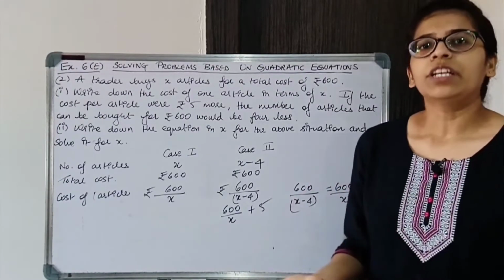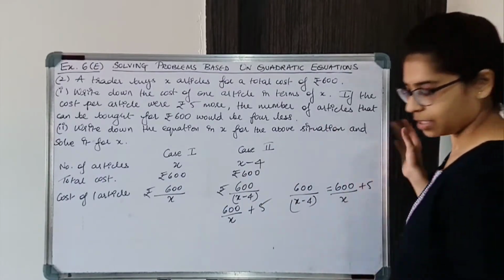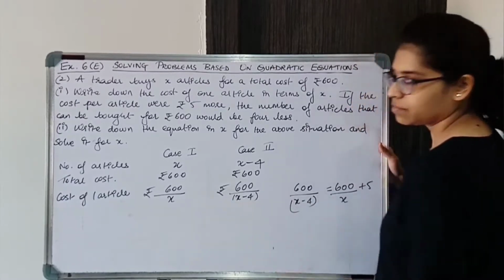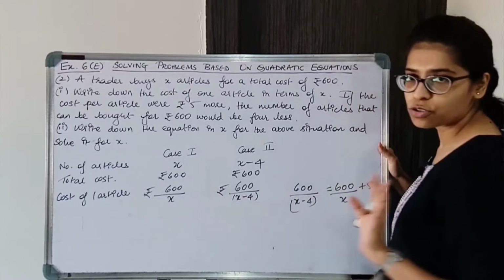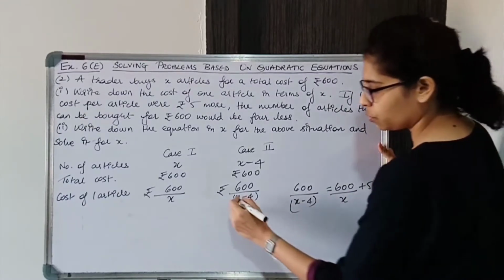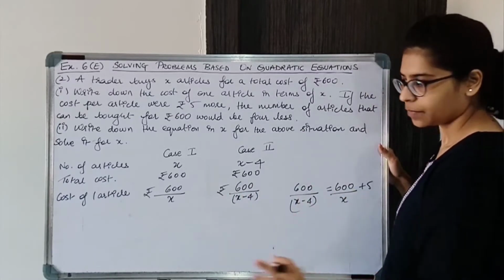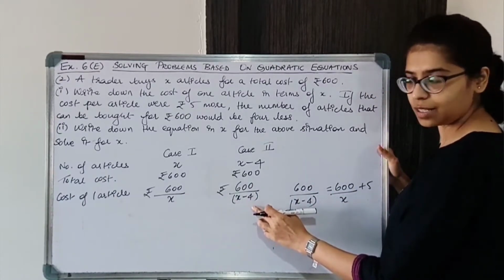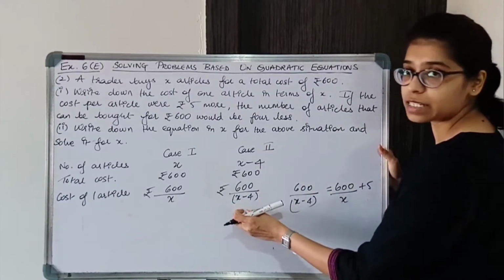If this is complicated for you, how can you remember? Now, let's forget this part. Over here, check these two, cost of the articles. Now, numerator is same. Denominator here is more, here it is less, right? Because here it is x, here it is x minus 4, so denominator will be less.